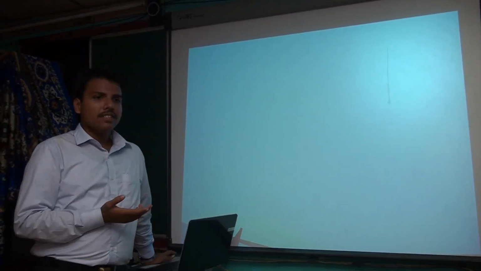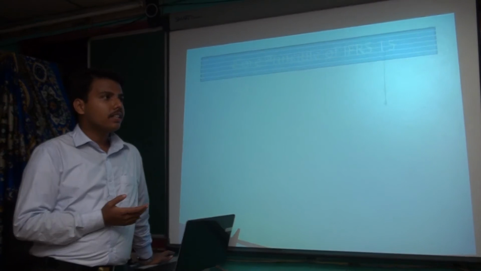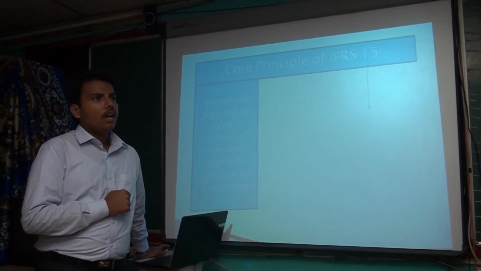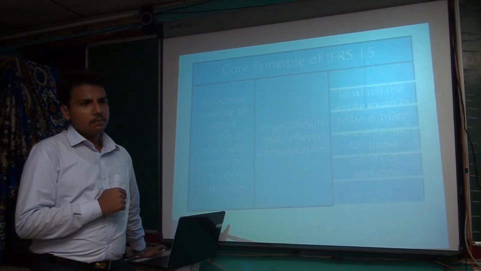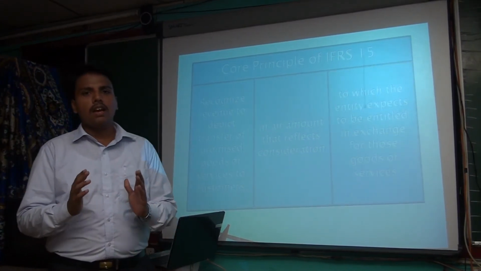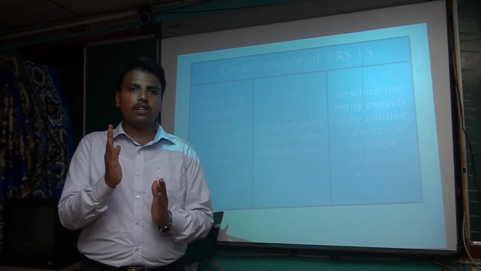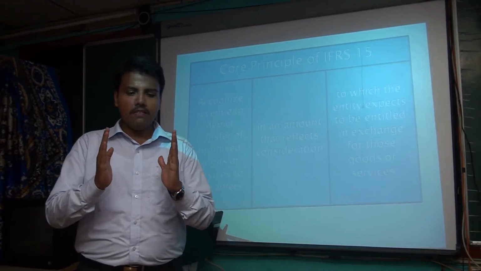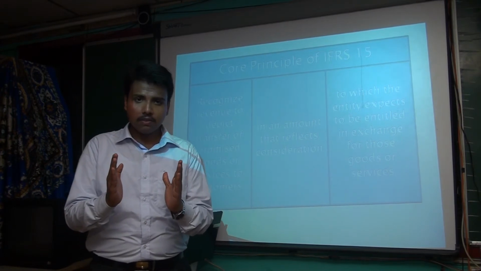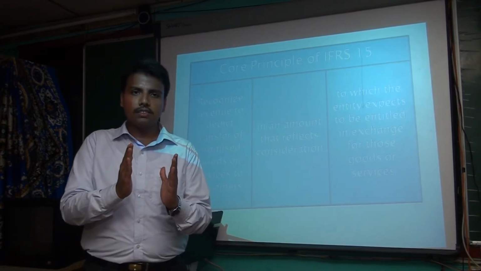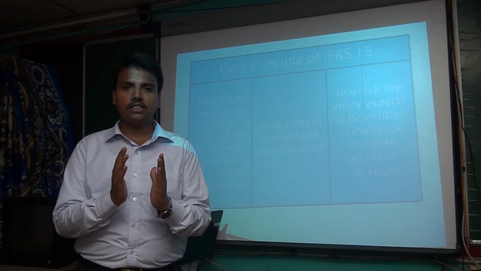So what does IFRS 15 speak about? Briefly putting it, there is a core principle in IFRS 15. The principle is very simple. What is revenue? An entity enters into a contract with a customer. When it enters into a contract with a customer, it is entitled to some rights and it is responsible for some obligations.